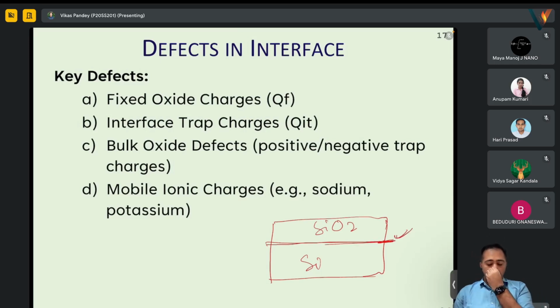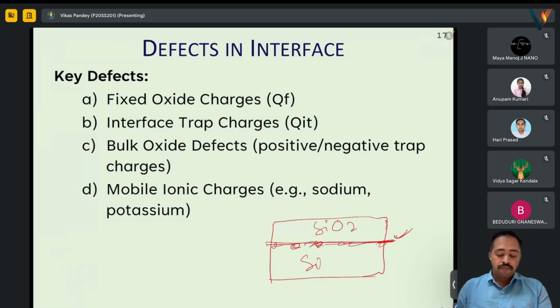Just like we saw that while doping using diffusion or ion implantation we were creating some disturbances in the crystal, similar to that, since here also we are growing the oxide from silicon itself, it will create some defects at the interface. There can be four types of such defects, and these defects will play an important role in our device.